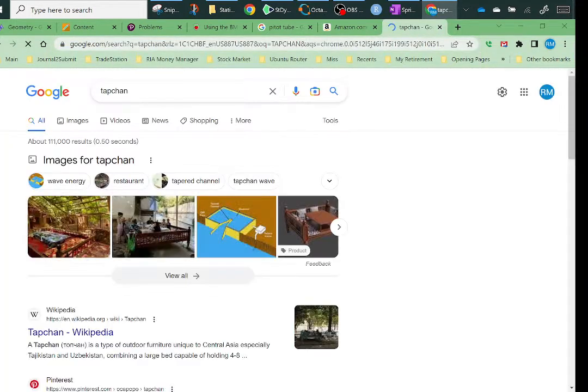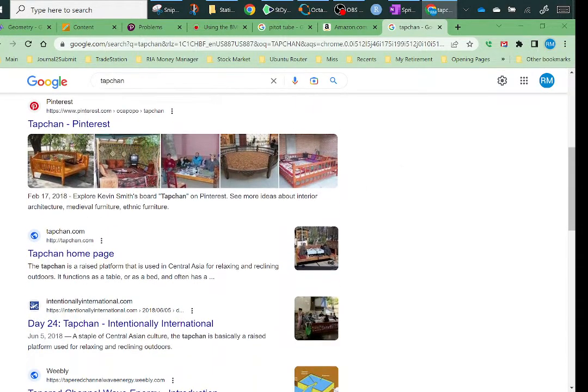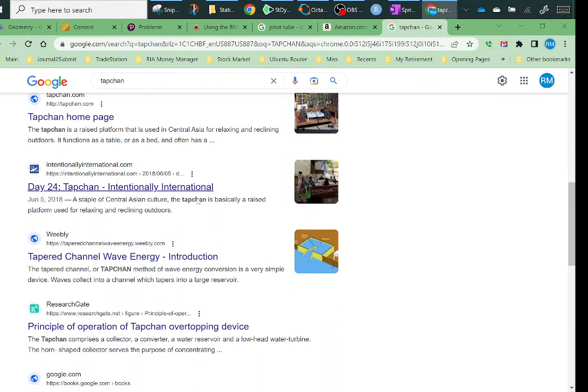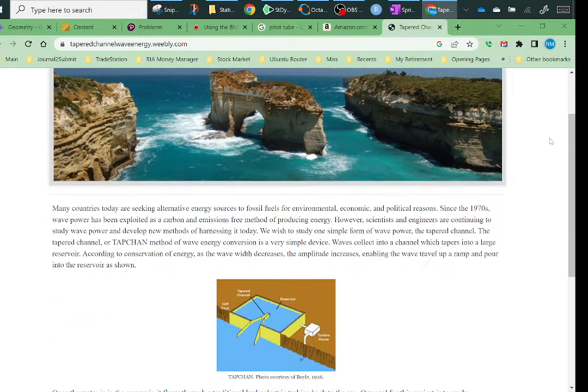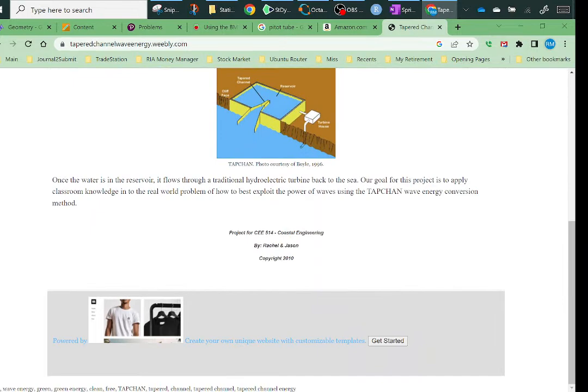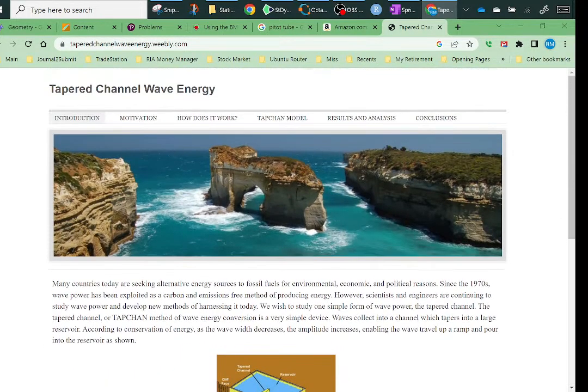That looks like the same picture right there. That's not it, that's a table. So there's two. Interesting. There you go, Weebly. I don't know what a Weebly is. And that's it, there's not much there. How does it work?